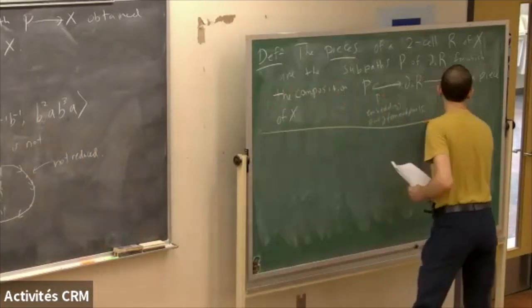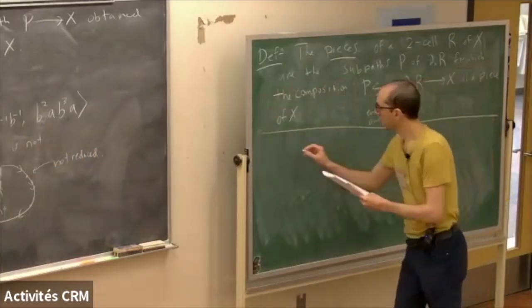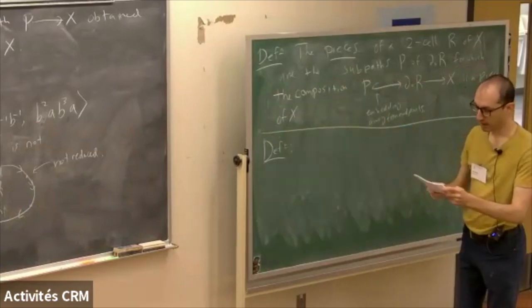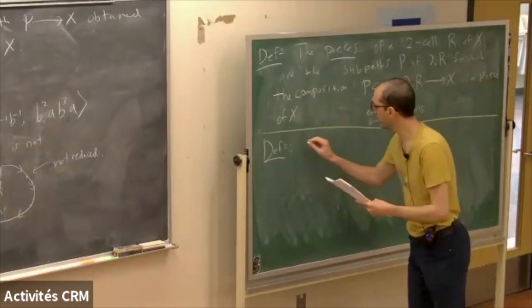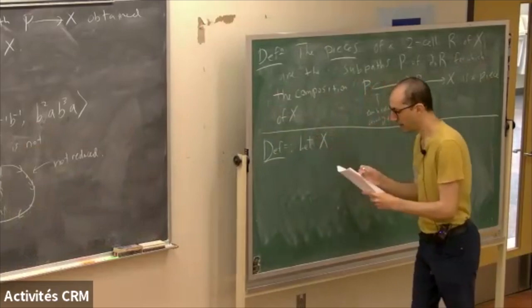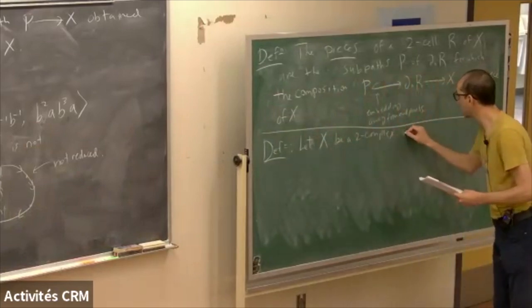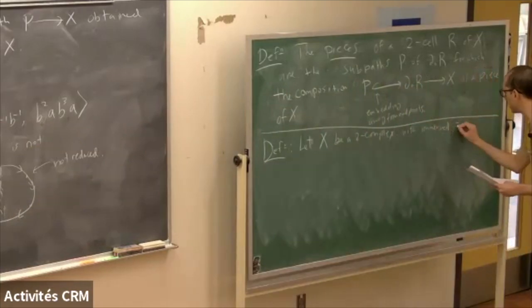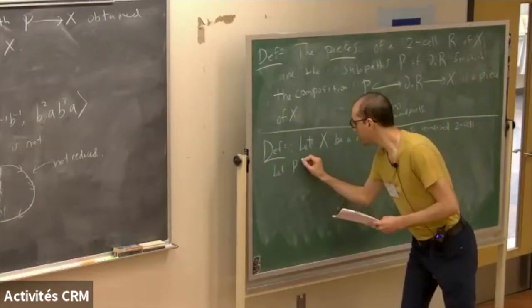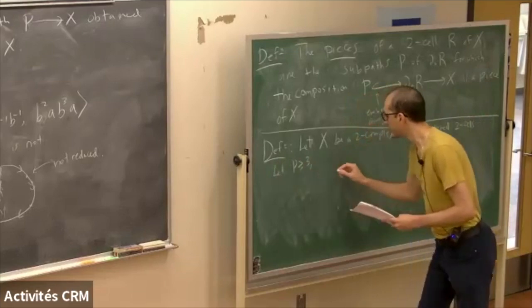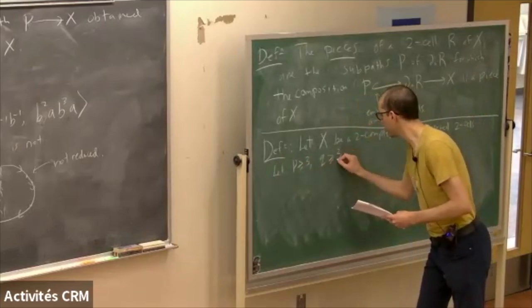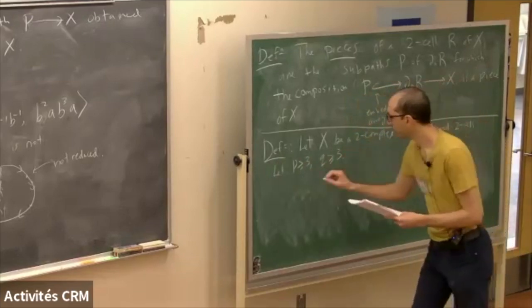Okay, so why do we care about pieces? To define some small cancellation conditions. Let X be a two-complex with immersed two-cells. Let P be at least 3, and let Q be at least 3.